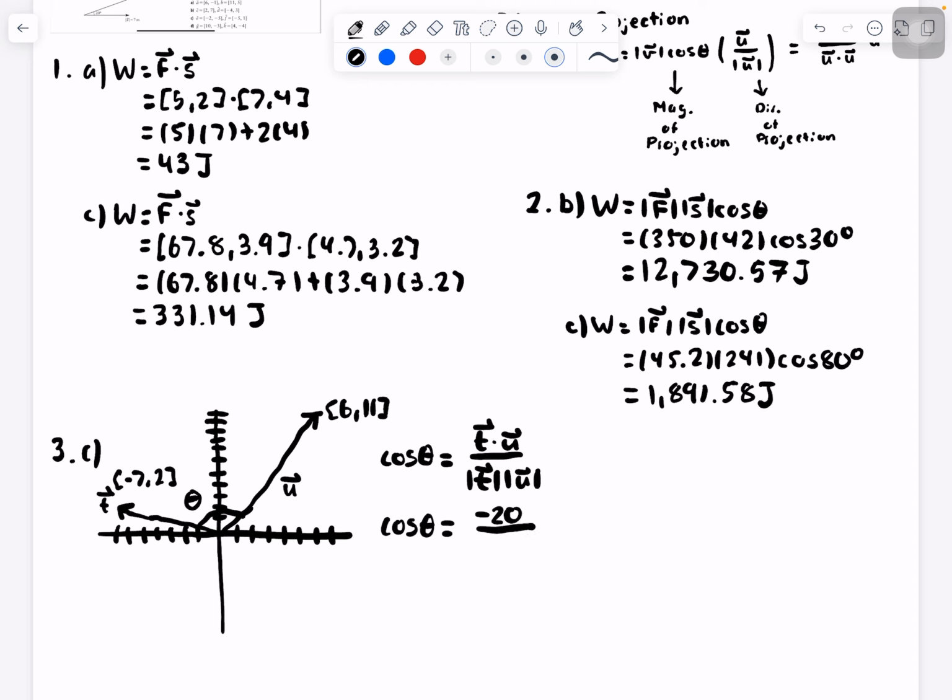That's a negative number on top, which is indicative of what we see in the picture, because that represents an obtuse angle. And now the magnitude of each of these is going to be negative 7 squared plus 2 squared, which is square root of 53 for t. And then for u, we get 6 squared plus 11 squared, which is square root of 157.